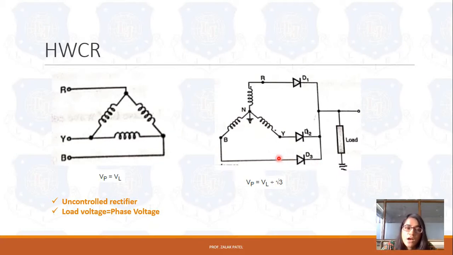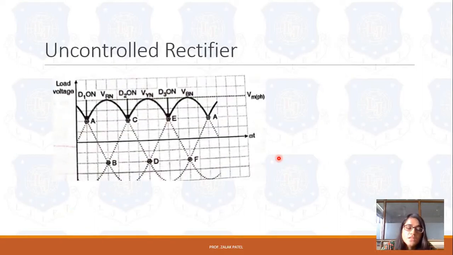Okay, so now we will see the controlled rectifier. This is the uncontrolled rectifier waveform. Here you can see that the waveform has zero crossover points, that is A, C and E. At point A, point C and point E it crosses zero and once again starts the waveform.